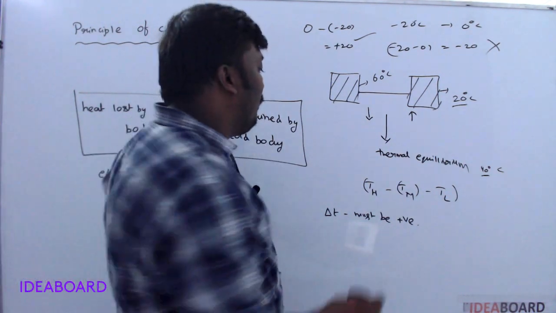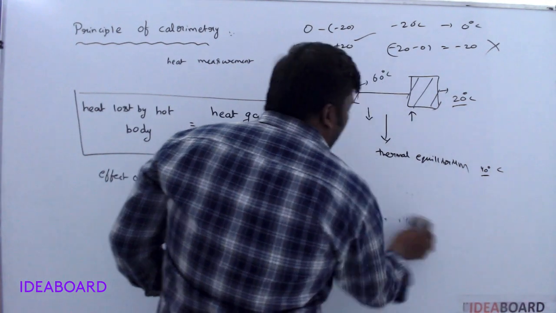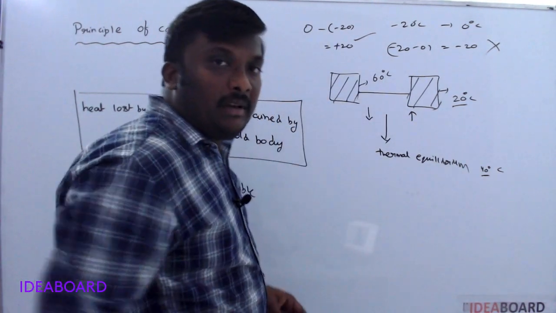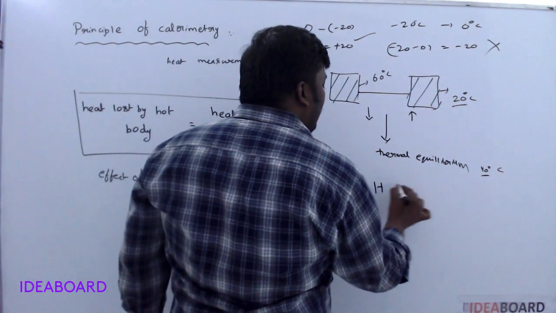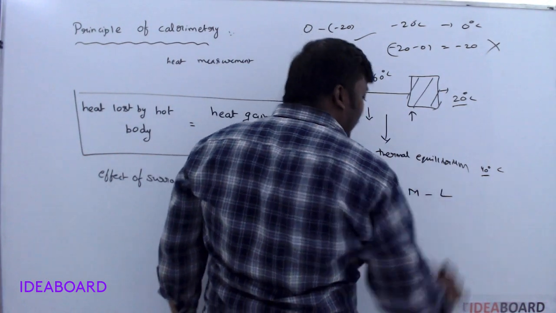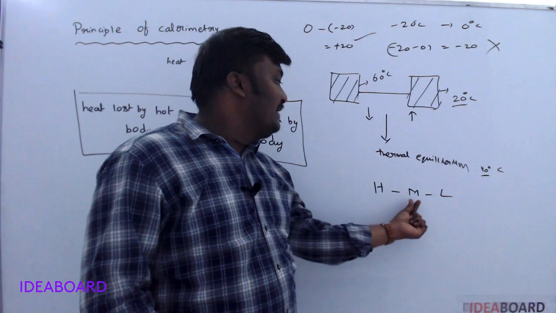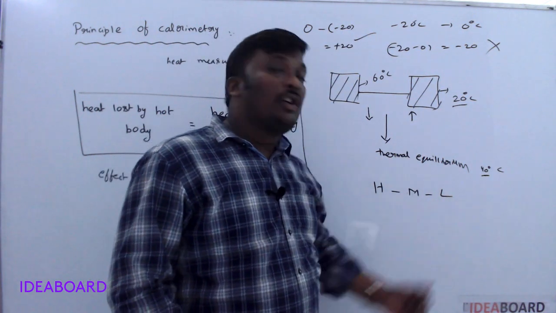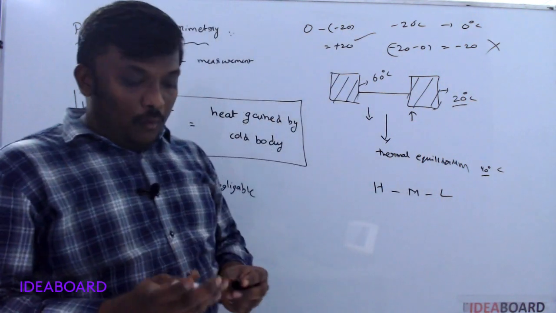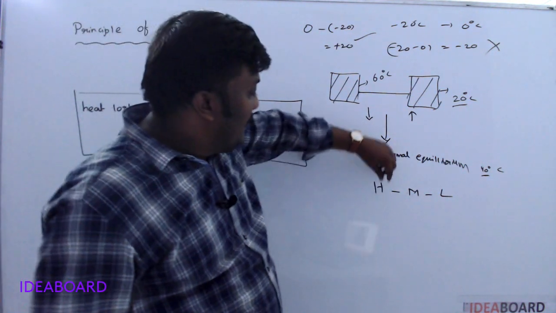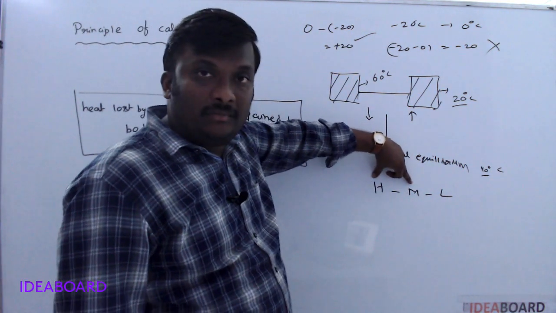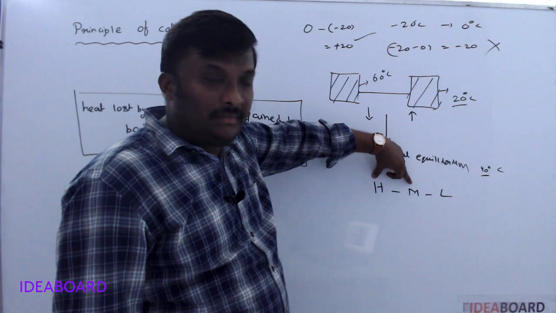And another important thing I would like to tell you is a shortcut. Keep in mind HML. H means hot body, M is mixture, L is cold body. So if you want to measure the temperature difference for the hot body, make H minus M. Understand now?